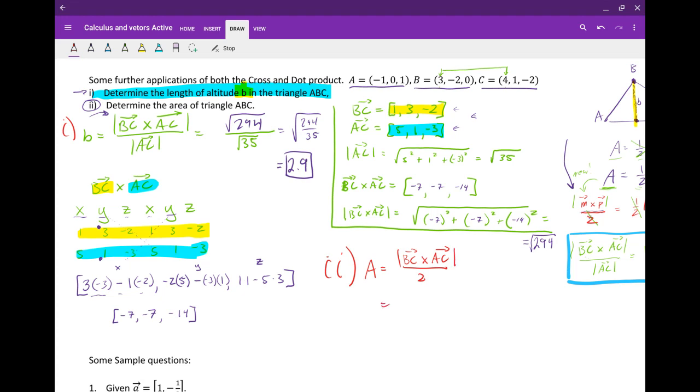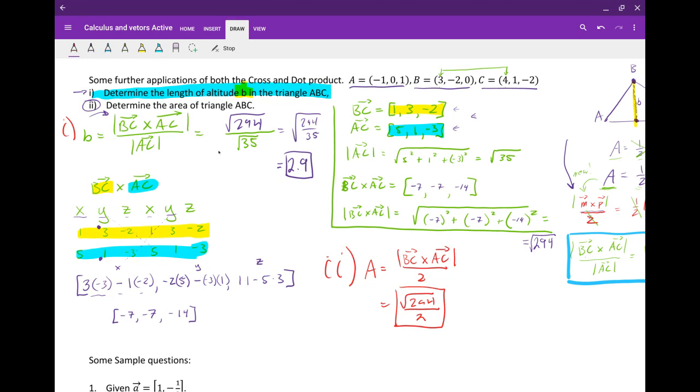And so therefore it is going to be the square root of 294 over 2. And that's the area of the triangle. All right. That's the cross product and a few of its applications.